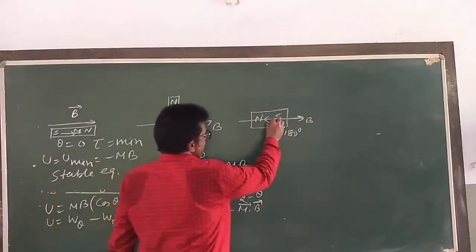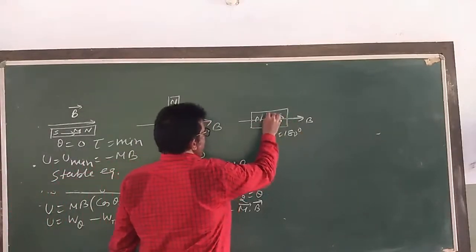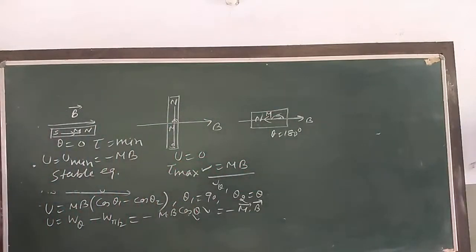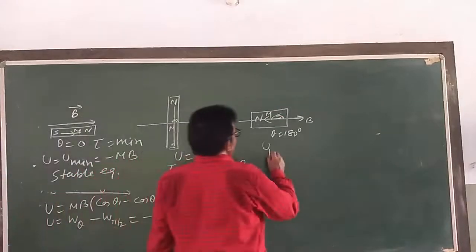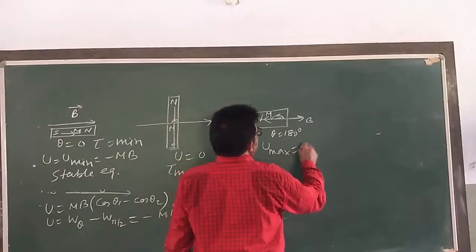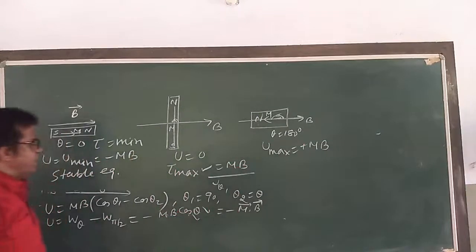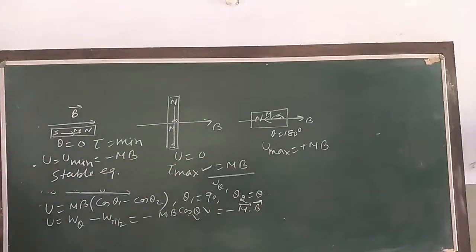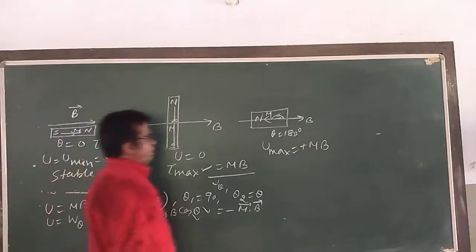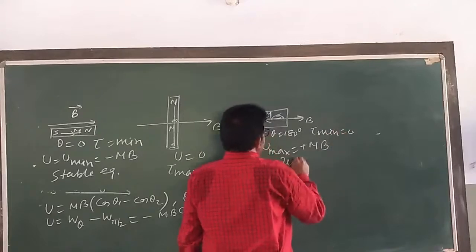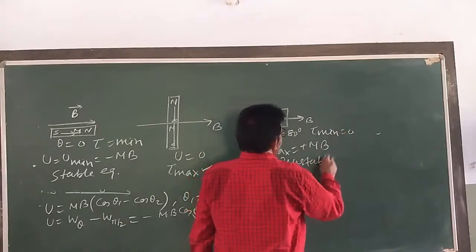The angle between B and M is 180 degrees. So when theta is equal to pi, U is maximum, and the value that comes is plus mb. Put it here, cos 180 is minus 1. So this is the condition of unstable equilibrium, and torque is minimum. This is called unstable equilibrium.